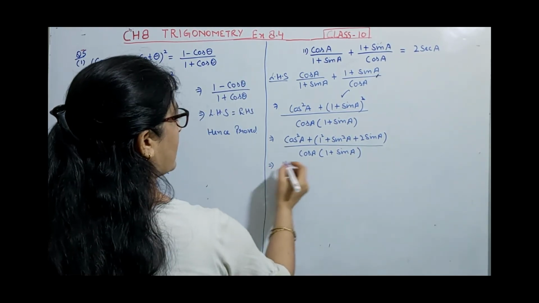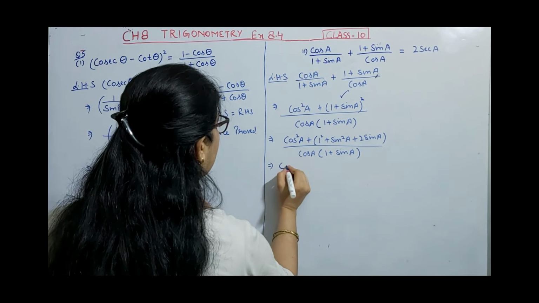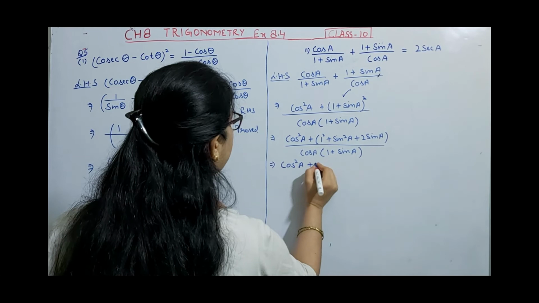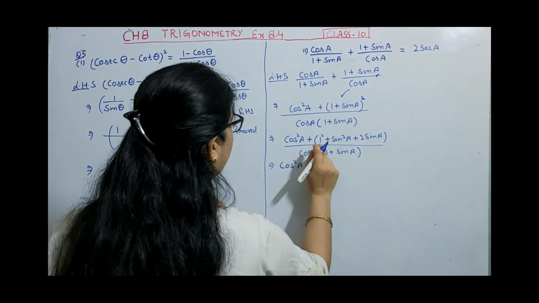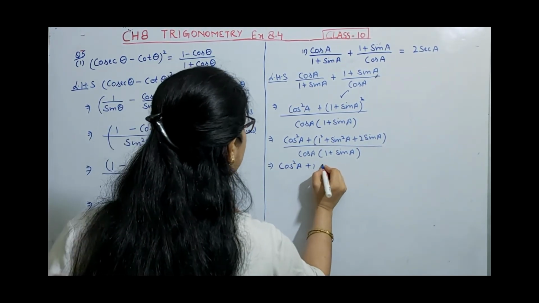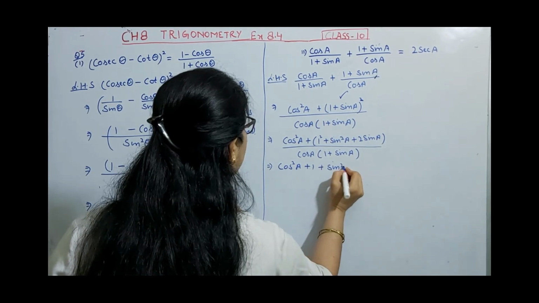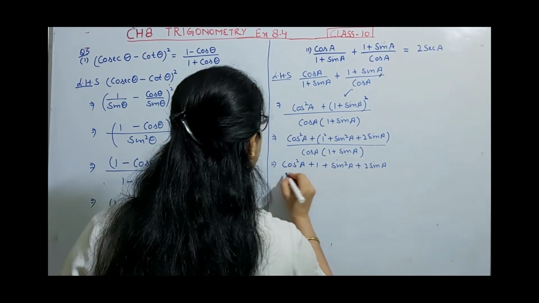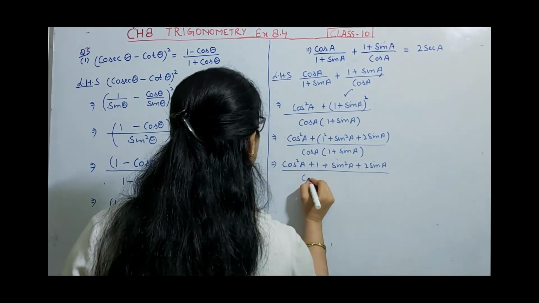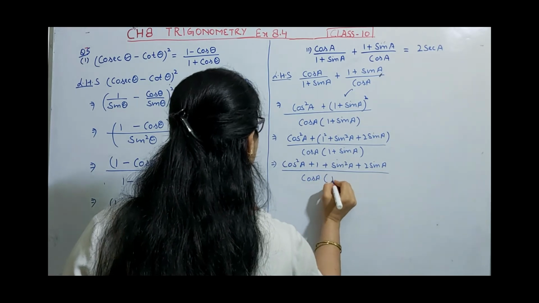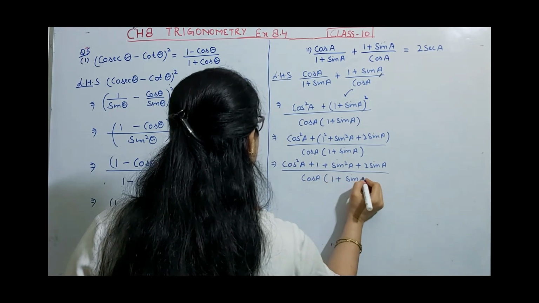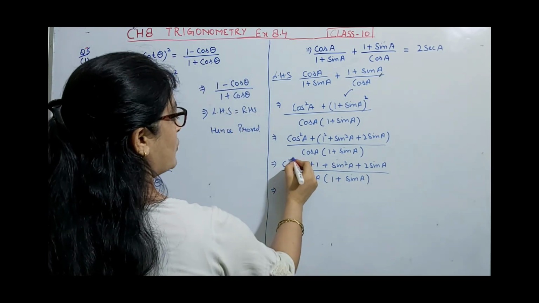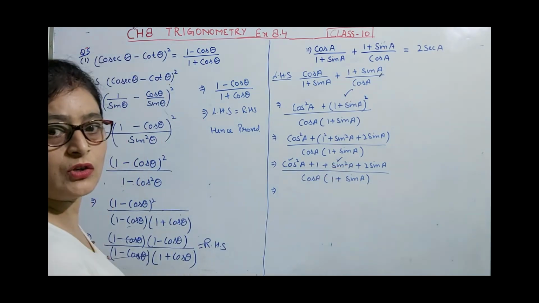Next step, cos square A, open this, plus 1 square is equal to 1 plus sin square A plus 2 times sin A, divided by cos A (1 plus sin A). Now this sin square plus cos square is equal to 1.